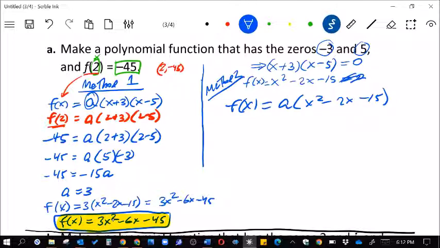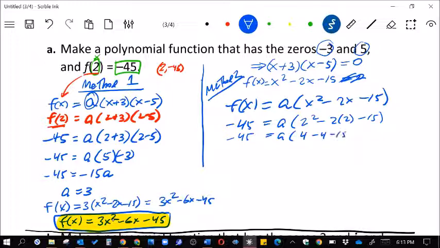But now I know that -45 equals a, and let's put the 2 into these. 2 squared minus 2 times 2 minus 15. -45 equals a times 4 minus 4 minus 15. Oh, good. The 4's cancel out. So -45 equals -15a. Oh, we get the same thing.